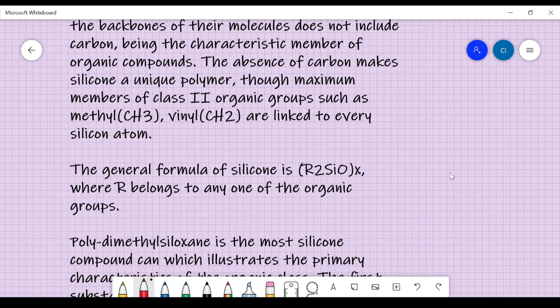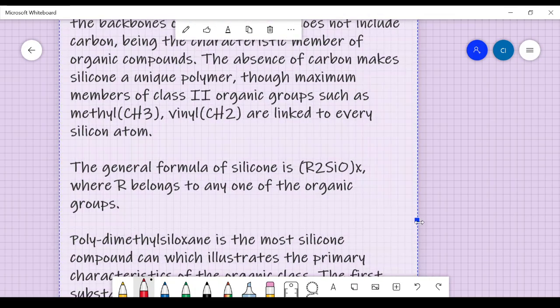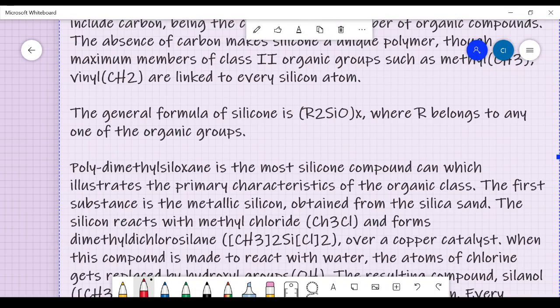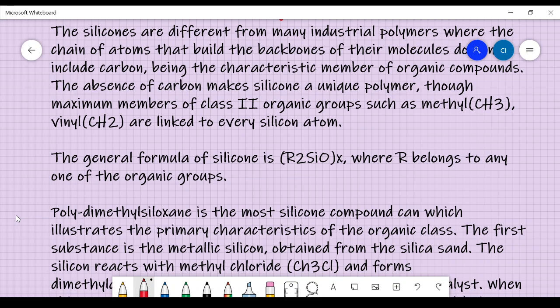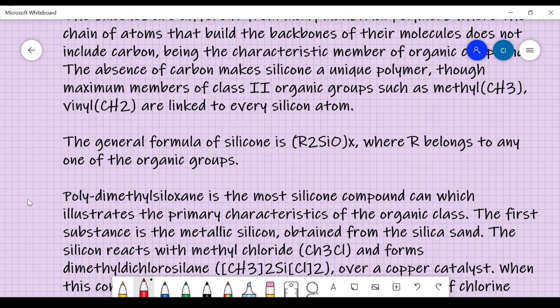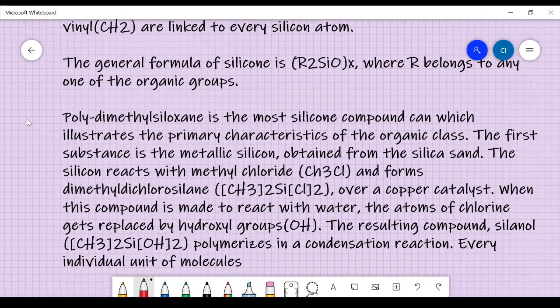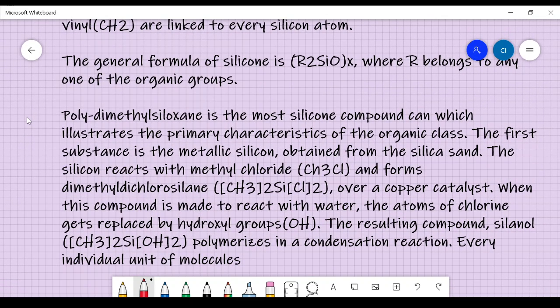So this goes without carbon, right? So this is the write-up, and the maximum number of organic groups such as methyl, vinyl are linked to every silicon atom. That is the R. The general formula of silicone is R2SiO(x), where R belongs to any of the groups.